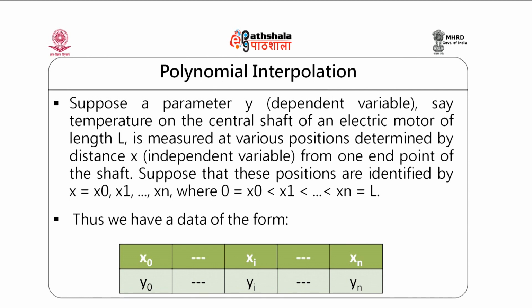Polynomial interpolation is a specific case of interpolation in general. Suppose a parameter y, that is the dependent variable, say temperature on the central shaft of an electric motor of length L, is measured at various positions determined by distance x, the independent variable, from one end point of the shaft.